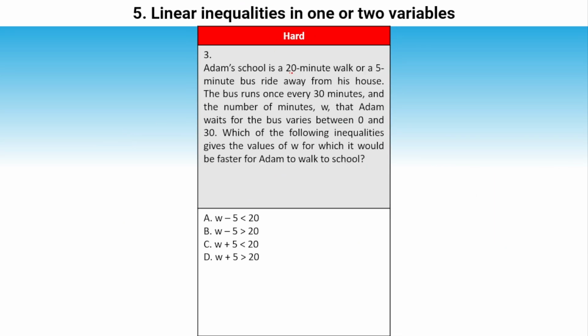Adam's school is a 20-minute walk or a 5-minute bus ride away from his house. The bus runs once every 30 minutes, and the number of minutes w that Adam waits for the bus varies between 0 and 30. Which of the following inequalities gives the values of w for which it will be faster for Adam to walk to school?